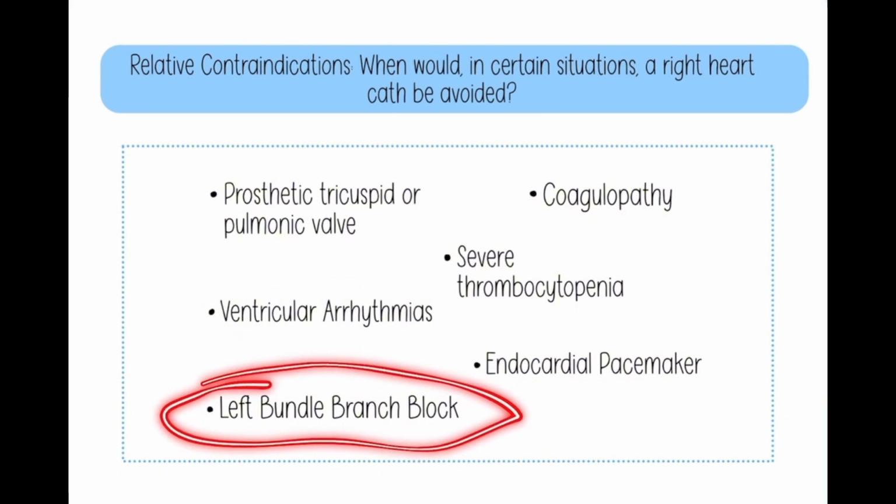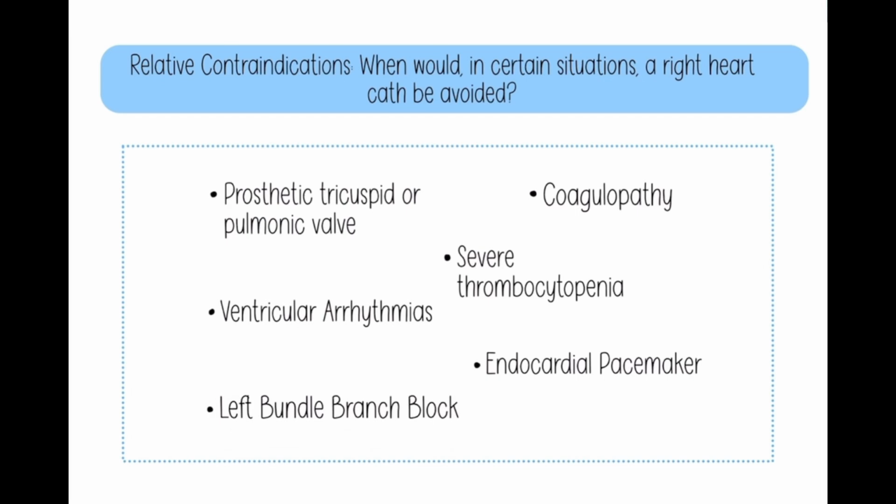Left bundle branch block, so that's interesting. Let's just draw a little bit of the conduction system here. All right, so this is the SA node, the AV node, the bundle of His is here. If you already have a left bundle branch block, then you put a Swan or a catheter or a wire in the right ventricle, and it irritates the right bundle branch.